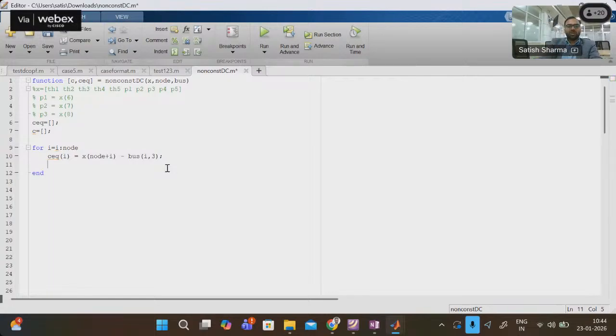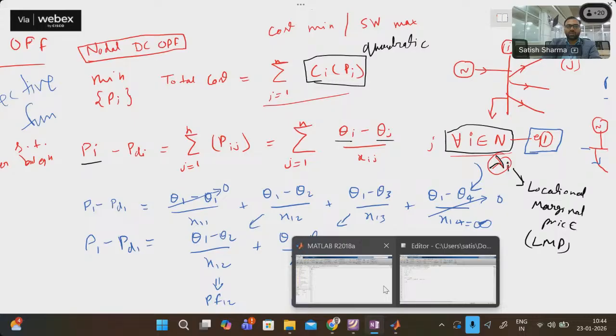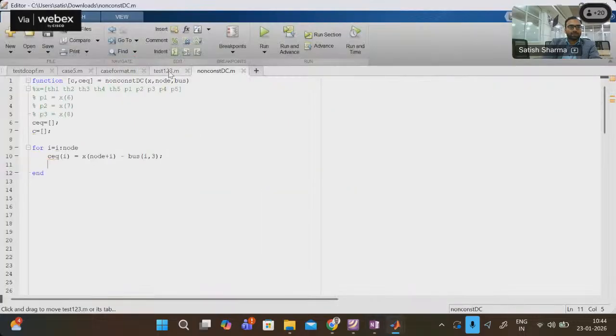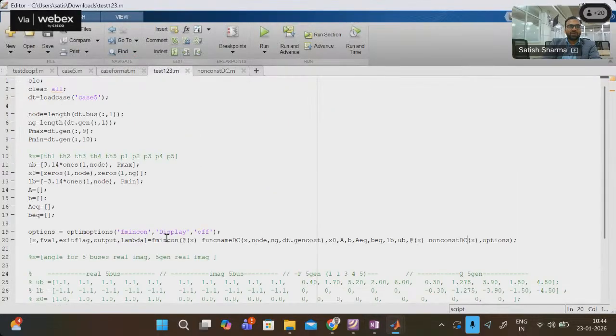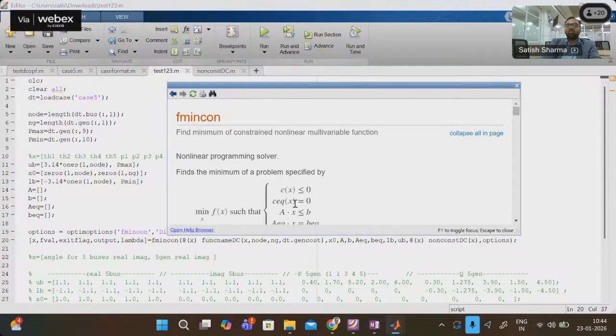If I go back here, PG minus PD equals the summation of Pij over j equals 1 to n. If I move everything to one side and make it equal to 0, this is how the standard form looks, like fmincon: Ceq equals 0.